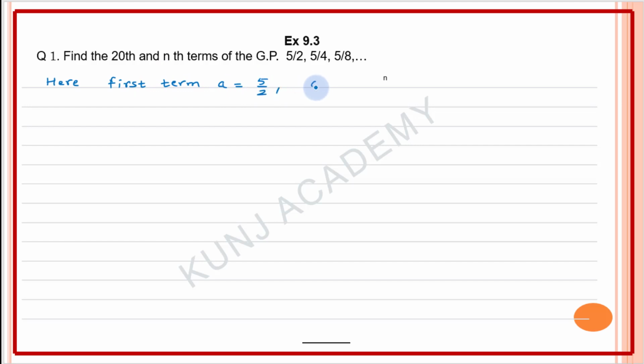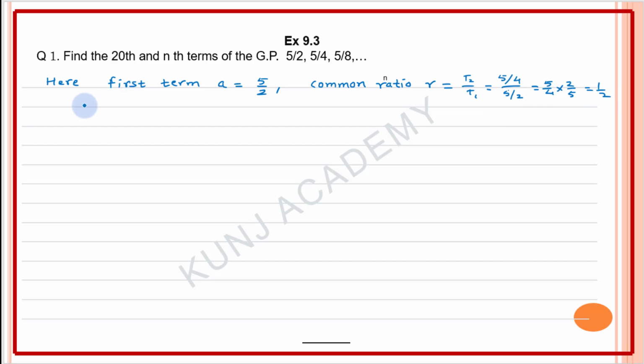Common ratio R is equal to second term upon first term, T2 upon T1 is equal to 5 upon 4 upon 5 upon 2, 5 upon 4 into 2 upon 5, 5 cancel, 2 2s are 4, 1 by 2.